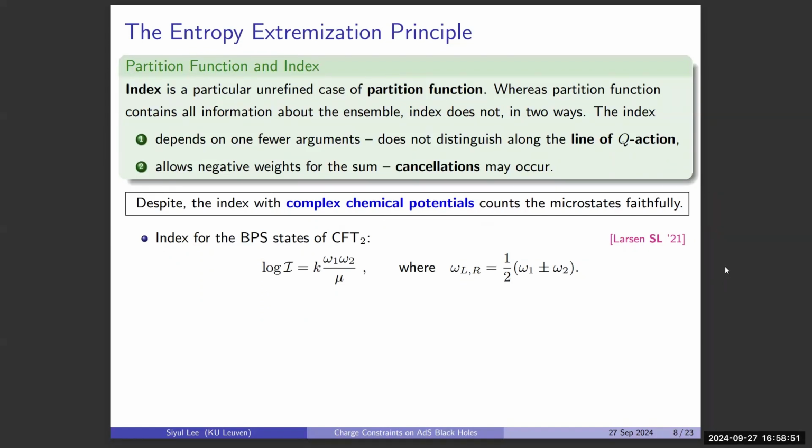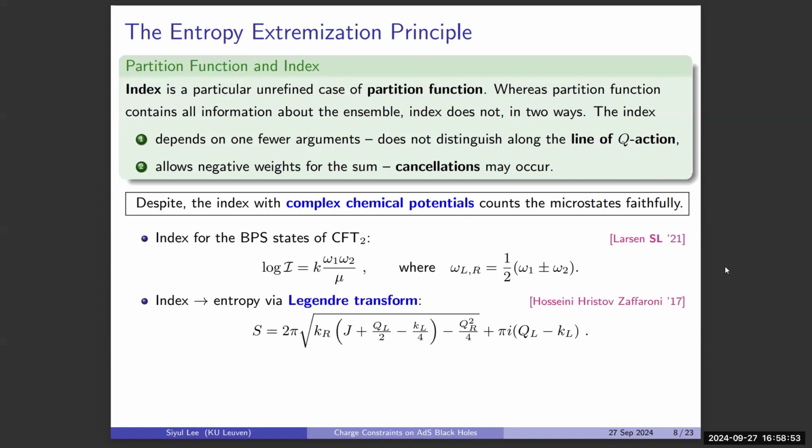So you can impose the usual Legendre transformation to go from canonical to grand canonical to microcanonical ensemble, and you can get the answer for the entropy, the microscopic degeneracy of the states. But since we have imposed the complex relation between the chemical potentials, the answer is also complex.